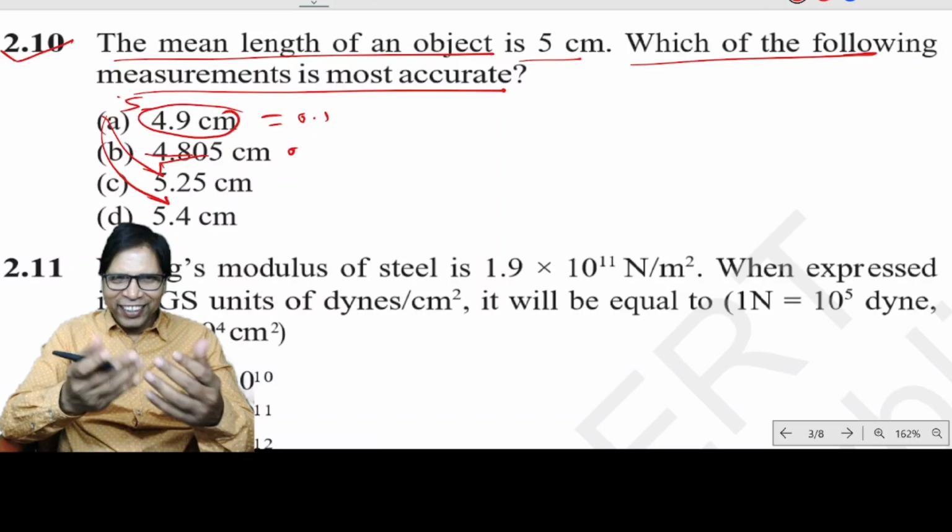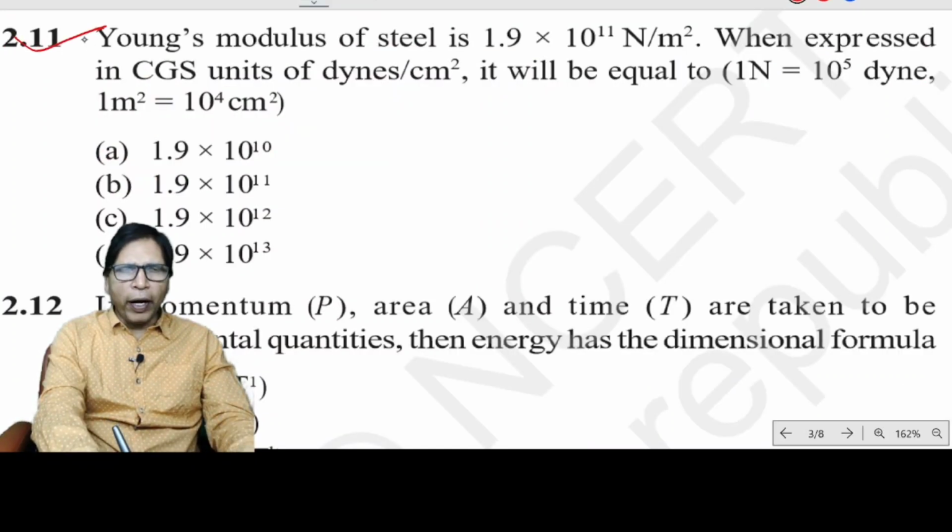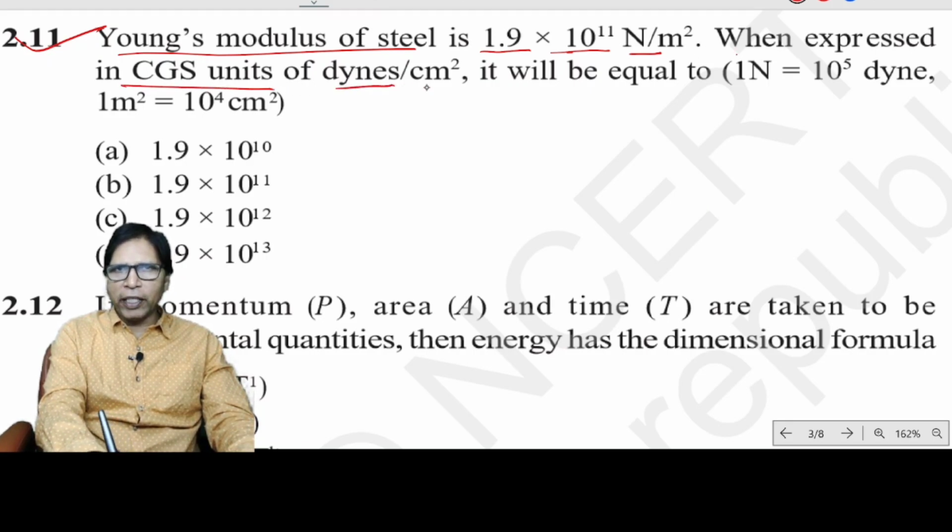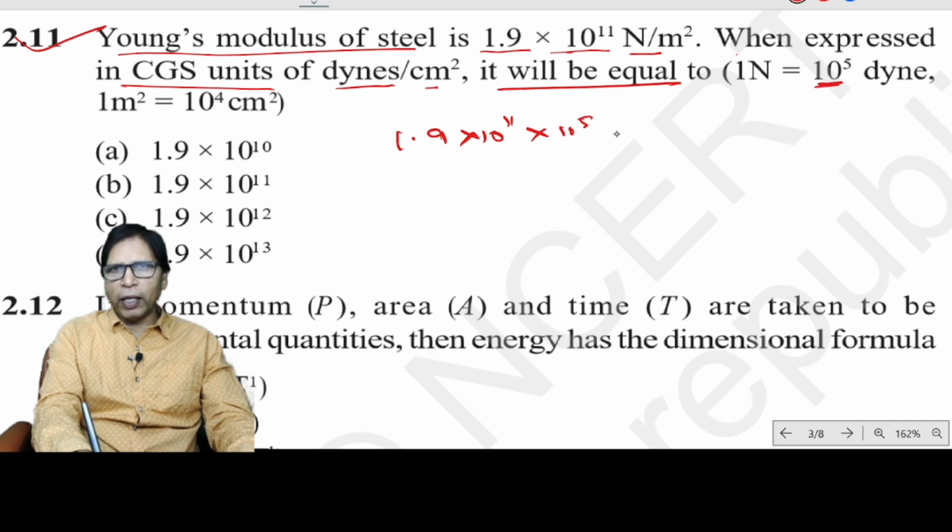Okay. Next. Now 2.11. Young modulus of steel is 1.9 into 10 to the power 11 Newton per meter square. When expressed in CGS unit of dynes per centimeter square, it will be equal to. Now 1 Newton means 10 to the power 5 dyne.